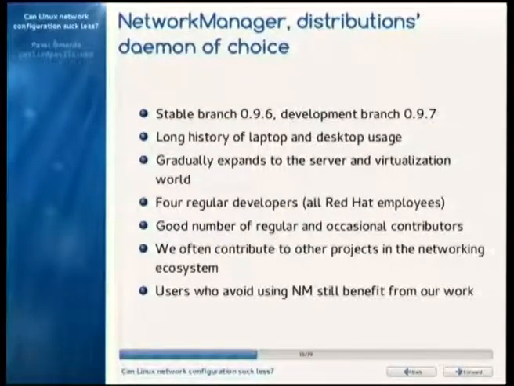Currently we have 4 regulars, but we have quite a good number of occasional contributors, and we have some people that contribute really often. Especially they are working on stuff that we never get to, that we never have time to do. So they help the project from our priorities and stuff. We often contribute.